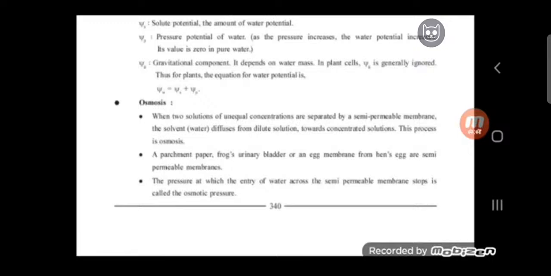Parchment paper, a frog's urinary bladder, or any egg membrane from a hen's egg are semi-permeable membranes. The pressure at which the entry of water across the semi-permeable membrane stops is called osmotic pressure.